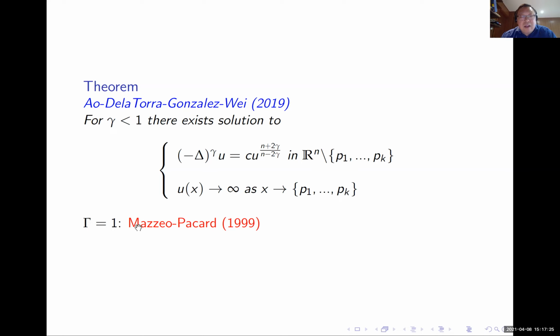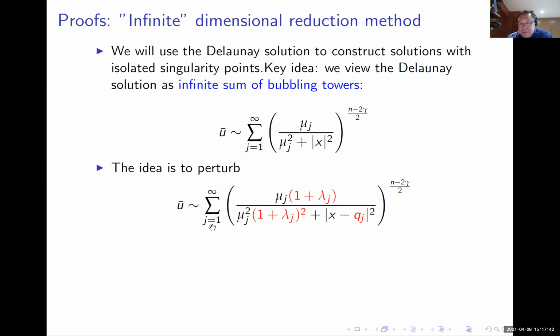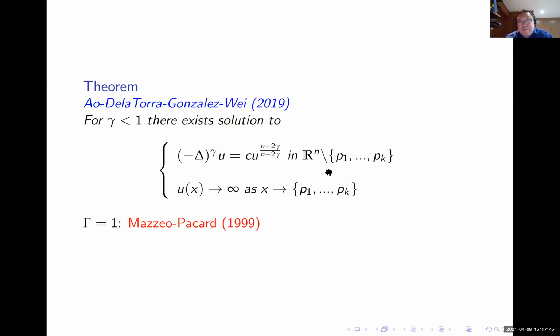Now, when gamma equals 1, this was proved by Mazzeo and Pacard in 1999, but not using the finite dimension reduction, but using some linearized estimate. So let me show you how we can reduce this problem to the finite dimensional reduction method.